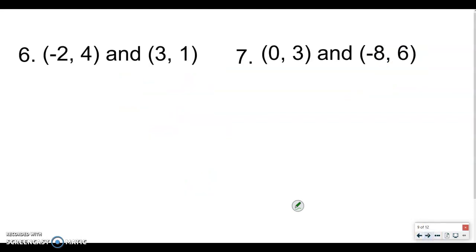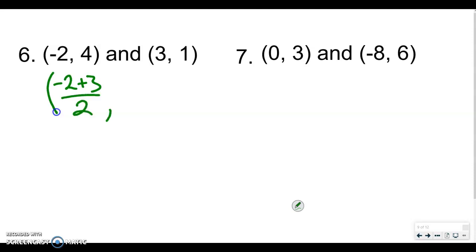All right, number 6, we are finding the coordinates of the midpoint of the segment with the given endpoints. So negative 2, 4, and 3, 1 are endpoints of our segment, and we want to find the midpoint. So we need to use the midpoint formula. We're going to add our two x's together and divide by 2.